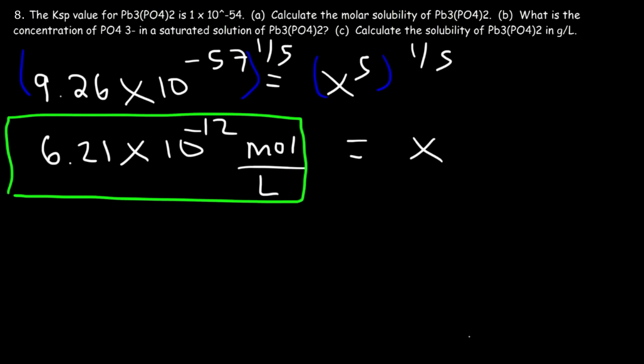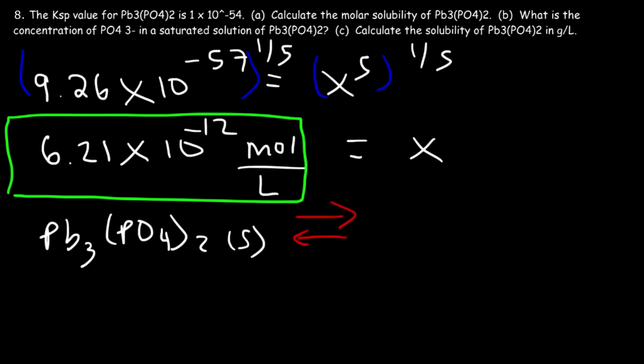Now let's move on to part B. What is the concentration of phosphate in a saturated solution of lead 2-phosphate? So let's write the reaction first. So lead 2-phosphate is going to dissociate into the Pb 2 plus ion and also the phosphate ion.